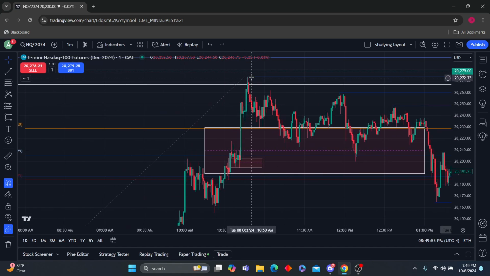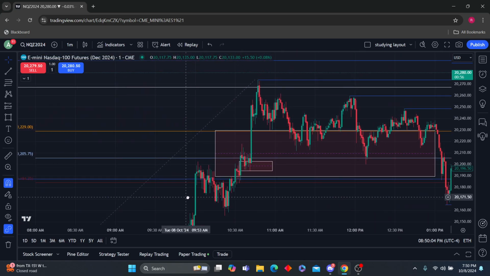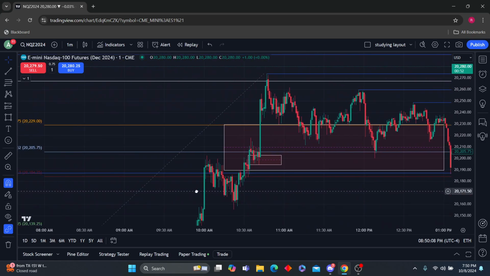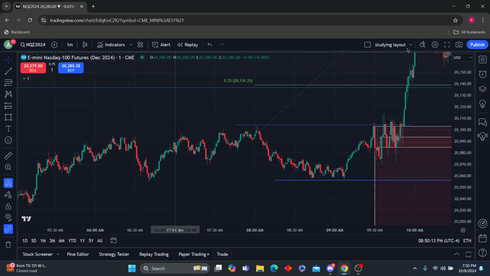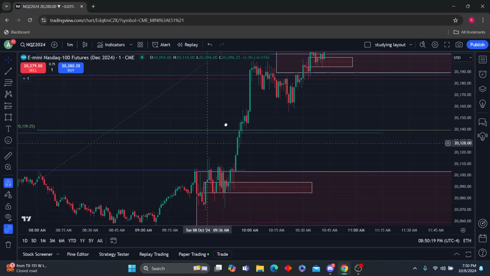External liquidity into internal. Once it takes the high, notice how when the price doesn't move up past it, it rejects pretty quickly downwards.